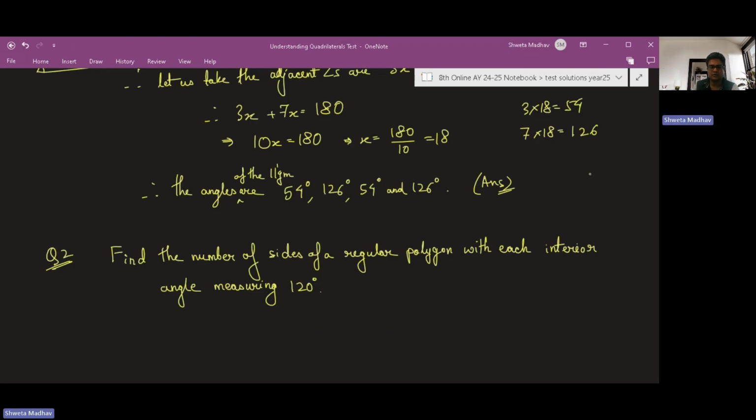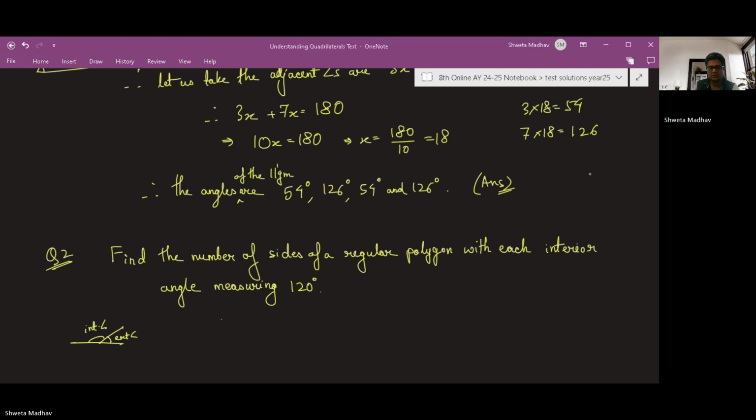So now we know that the exterior angle plus the interior angle will be 180 degrees, since they always form a linear pair.